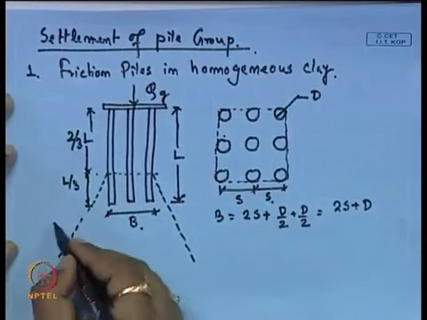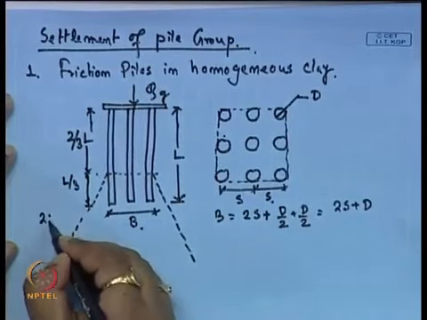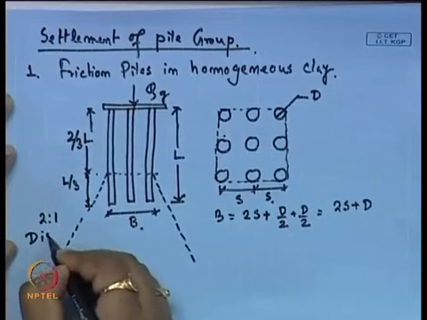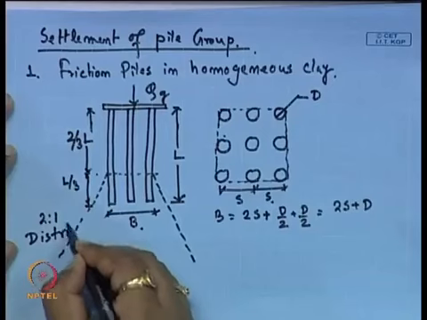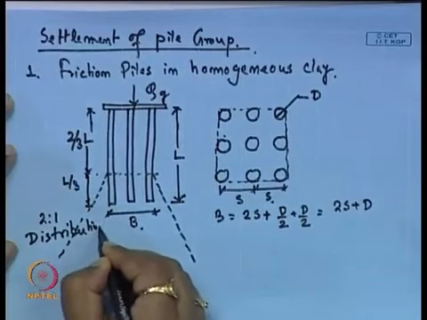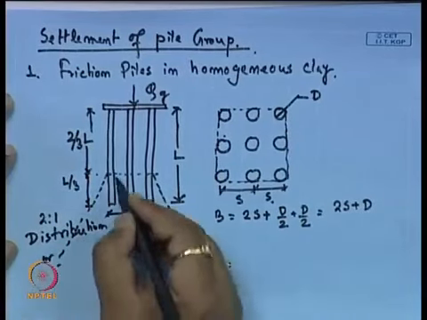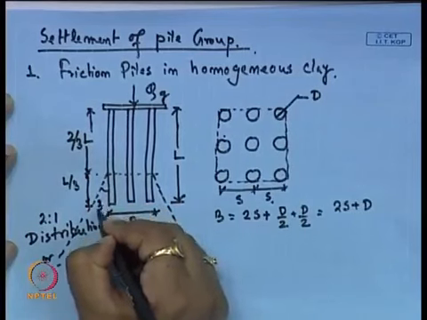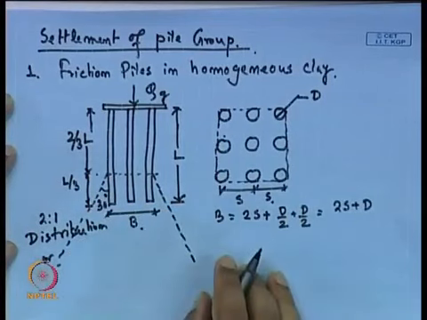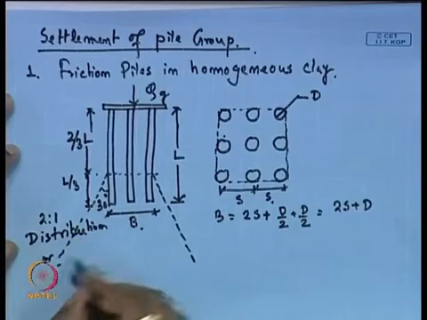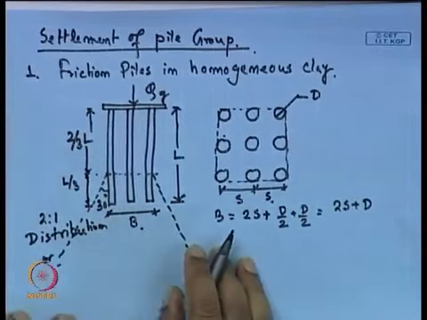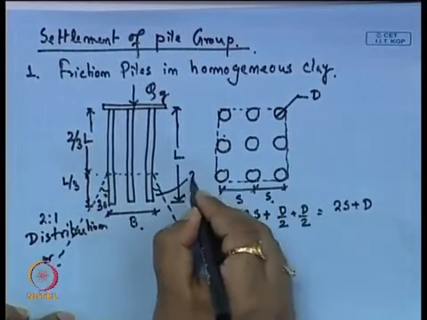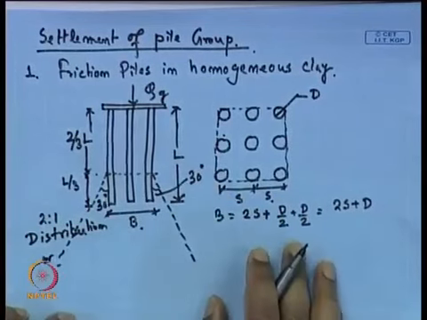This distribution can be a 2:1 distribution, or this angle can be 30 degrees. So, this one is also 30 and this one is also 30 degrees.